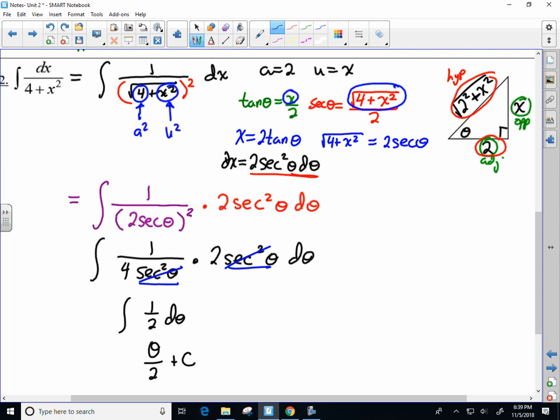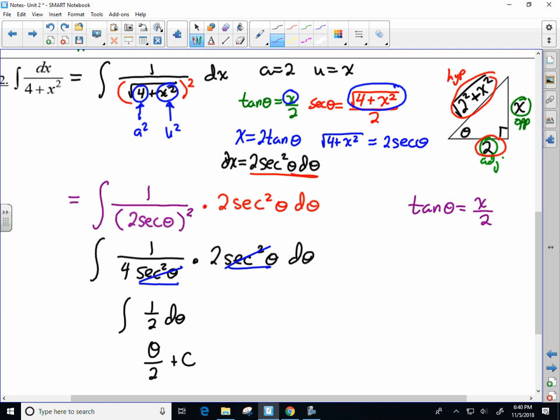Now we just got to swap out the theta. All right, so I tend to default to whatever I came up with as my simpler equation, the u over a equation, because that's going to be easy to work with. Again, you could choose any ratio out of the triangle and work off of that. But I know, because it's written right there, because I had to write it at some point, the tangent of theta is equal to x over 2.